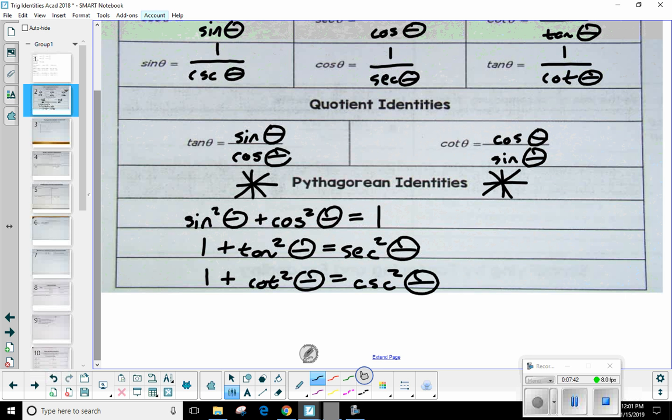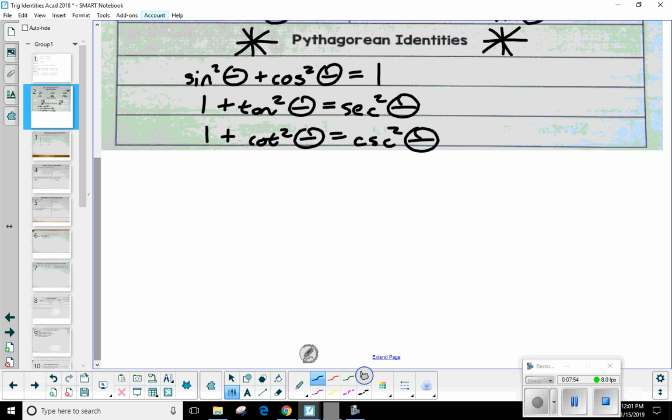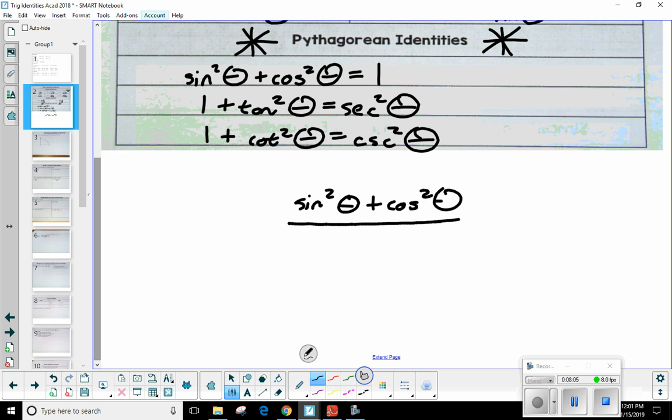Let me give you just a quick example before we go on, like what the main purpose of the lesson is going to be. Let's say I have this expression, sine squared of theta plus cosine squared of theta, and I'm going to put that over cosecant of theta.